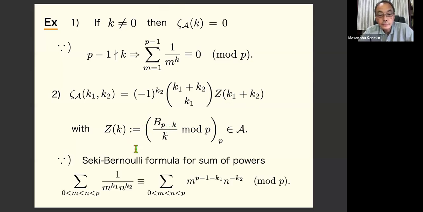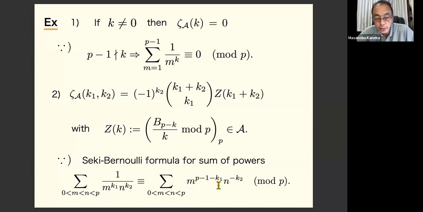And the proof is by using the Faulhaber–Bernoulli formula for sums of powers. So we want to compute this finite sum, over 0 less than m less than n less than p, of 1 over m to the k_1 times n to the k_2. But because of Fermat's little theorem, the exponent minus k_1 can be shifted by a multiple of p minus 1. So this is congruent modulo p to m to the p minus 1 minus k_1.